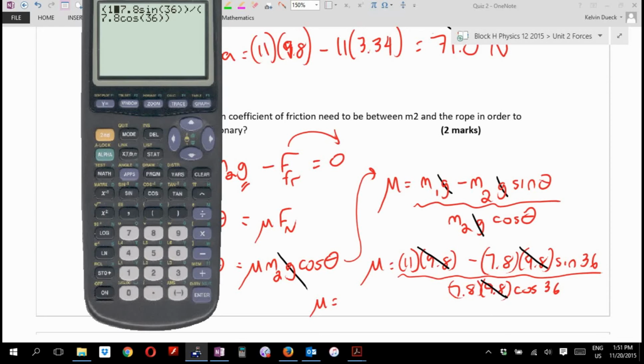Good thing I caught it. 11 minus 7.8 sine 36. Close off the sine, close off the top. 7.8 cos. Okay. Do you get 1.01? 1.02. Yeah? Really, what does that mean? The fact that it's bigger than 1 says you need some glue.